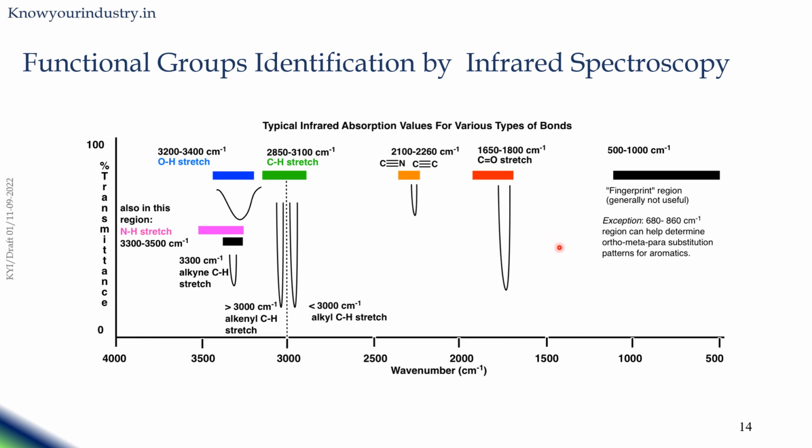And in the region of lower wave numbers, less than 1000, generally called the fingerprint region, you can see the organometallic compounds, and the ortho, meta, para substitution patterns of aromatics.